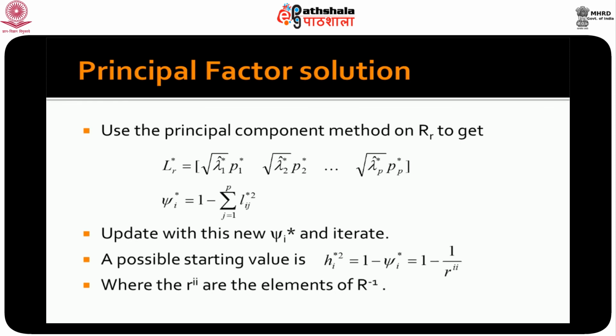A popular choice of the starting value h i star square is 1 minus 1 by R superscript i i, where R superscript i i are the diagonal elements of the inverse of the correlation matrix.